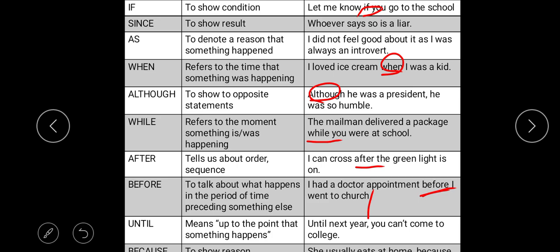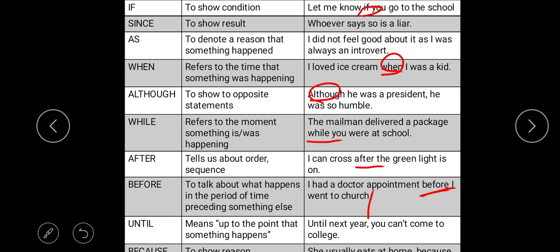Until means up to the point that something has happened. Until next year, you can't come to college. Up to that point of time. Until you get rid of all your bad intentions, you cannot be a pure human. It's something like up to that point of time that something happens.